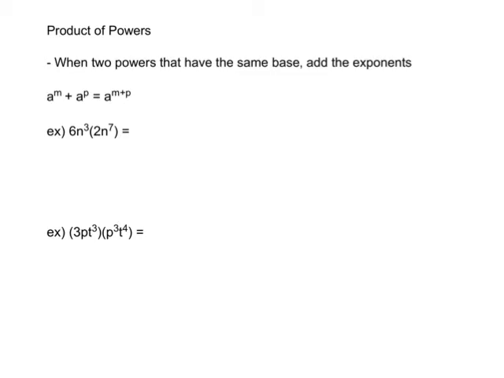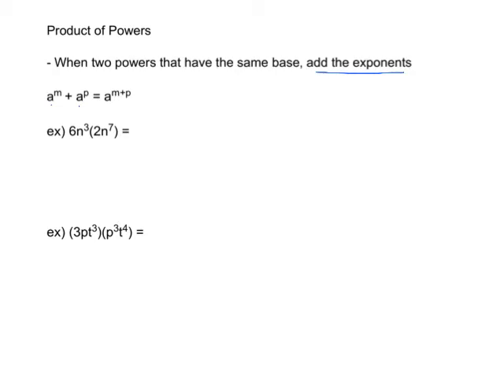When I have a product of powers, when I have two powers that have the same base, I'm always going to add my exponents. So if I have the base of a times a, I'm going to add their exponents. So let's look at our first example. I have 6n to the third power times 2n to the seventh power.